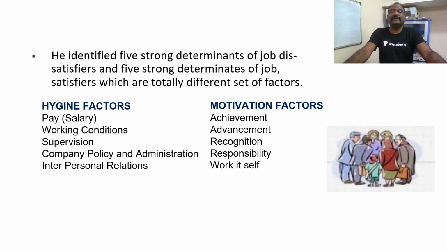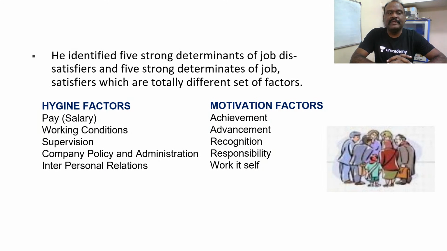He identified five strong determinants of job dissatisfiers and five strong determinants of job satisfiers, which are a totally different set of factors. Herzberg identified five strong determinants of job dissatisfiers.